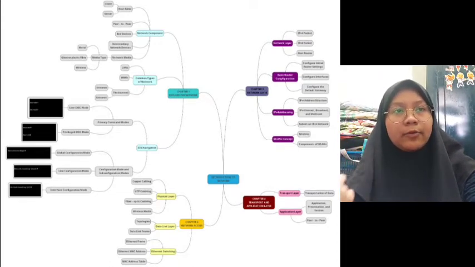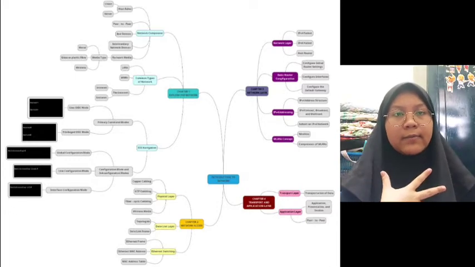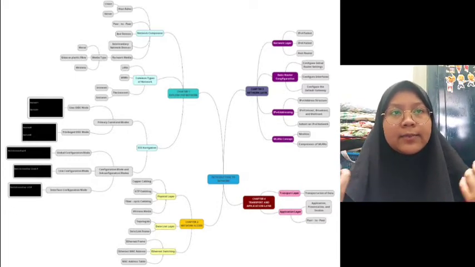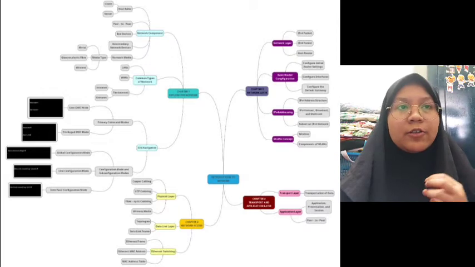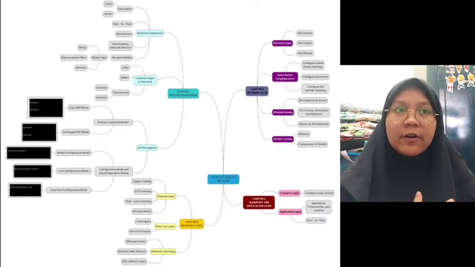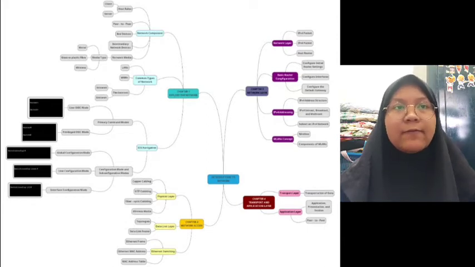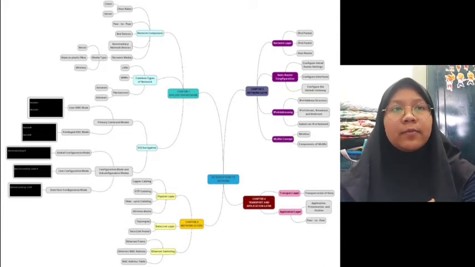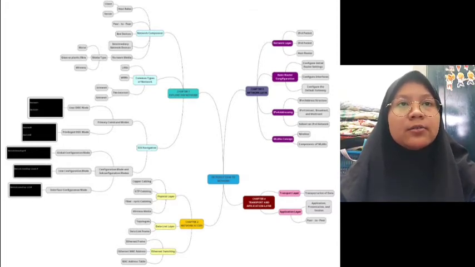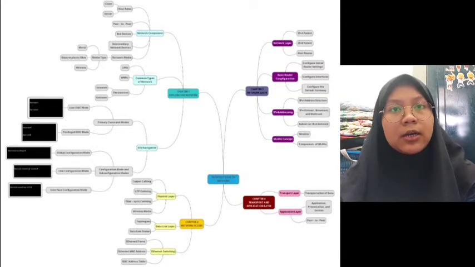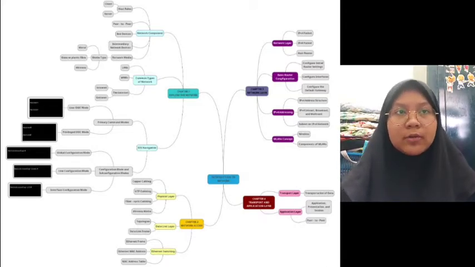It allows upper layer protocols to access the physical layer media and encapsulates layer 3 packets like IPv4 and IPv6 into a layer 2 frame, and performs error detection and rejects corrupt frames. So that's it about data link.